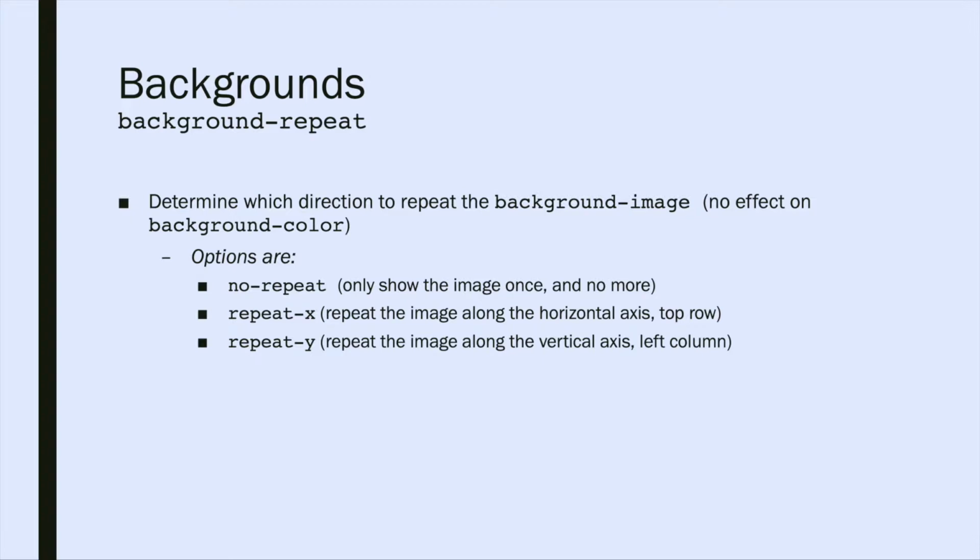Or you could say repeat Y, which is repeat along the vertical axis, or in most cases, the left column. There are some instances where you can actually use the repeat X and repeat Y. We'll get to some once we get into the Code With Me videos, but basically, if you don't know exactly how to use this, don't worry. Chances are it should come up in future lessons and possibly future projects.